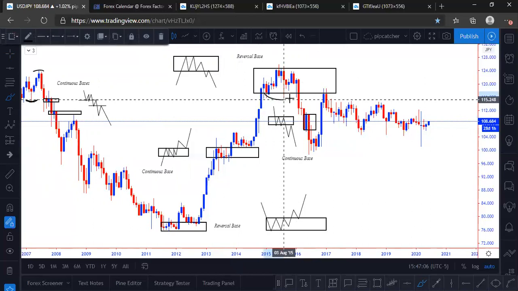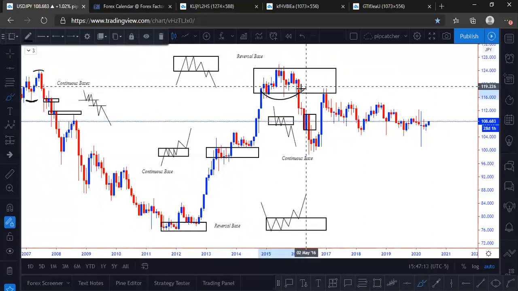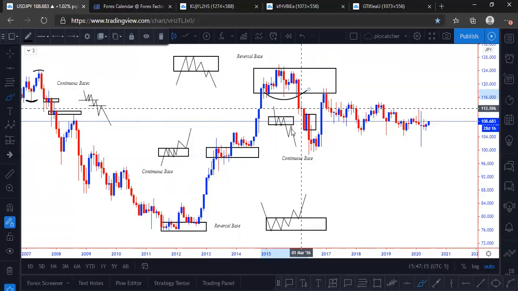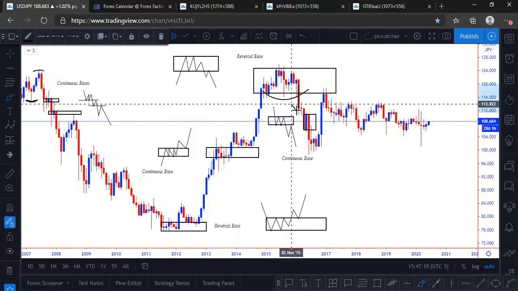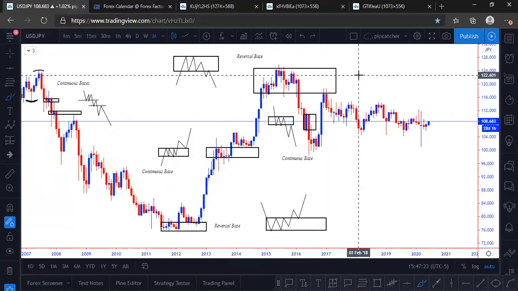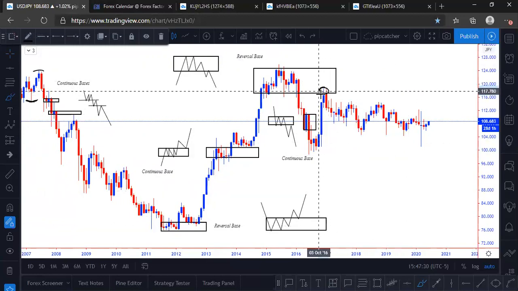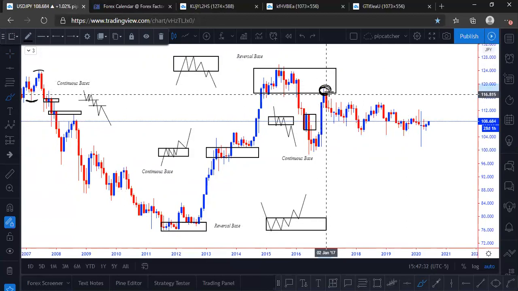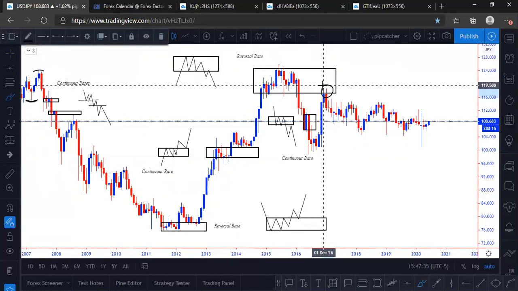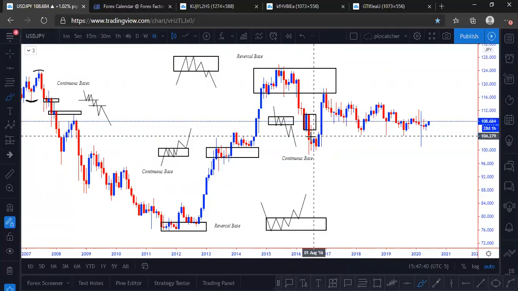But, considering that this looks like a break of structure right here, right? How it's broken through this structure here, we can ultimately say now that we could possibly be bearish, right? So that's where this entry would have come into play right here on that reversal base.